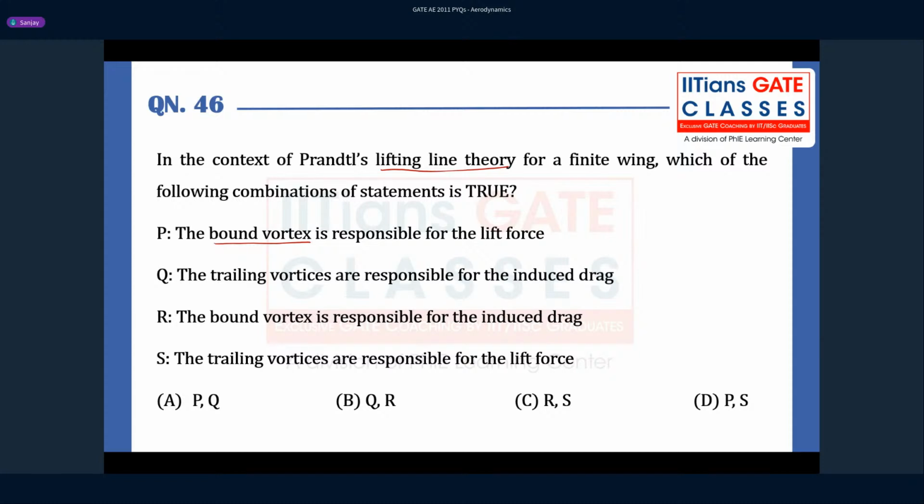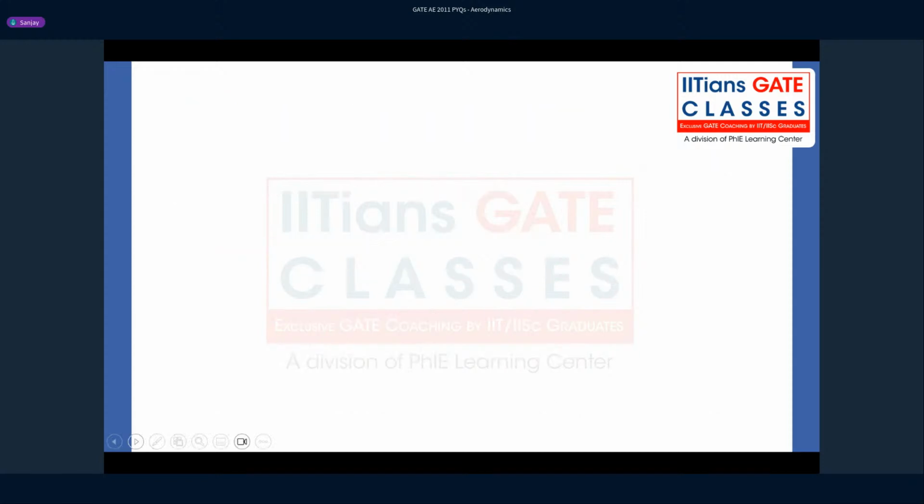So essentially, it's trying to ask about the bound vortex and the trailing vortices. I have explained this in the winglets question. So let's now see this here. What is it according to Prandtl's lifting line theory? Consider a wing. Let's say this is a rectangular shaped wing, and the shape is an aerofoil.